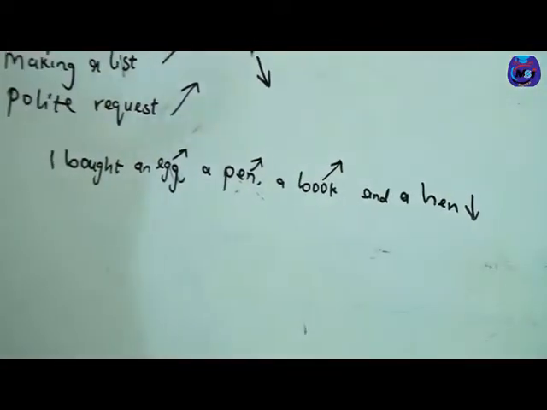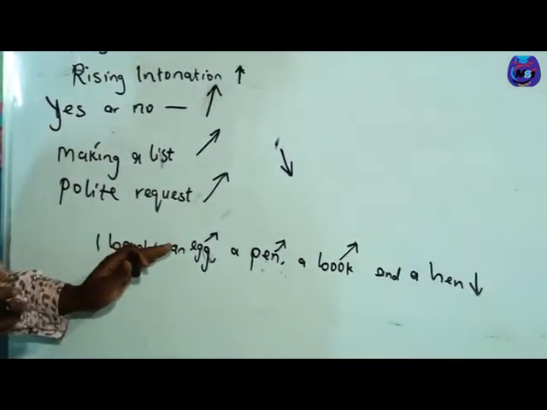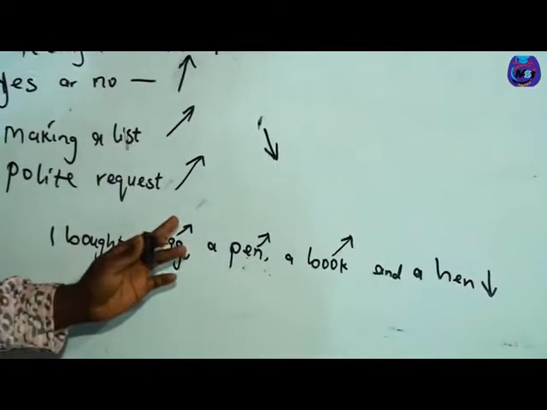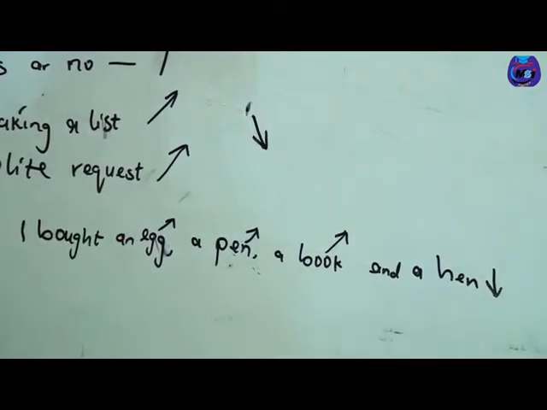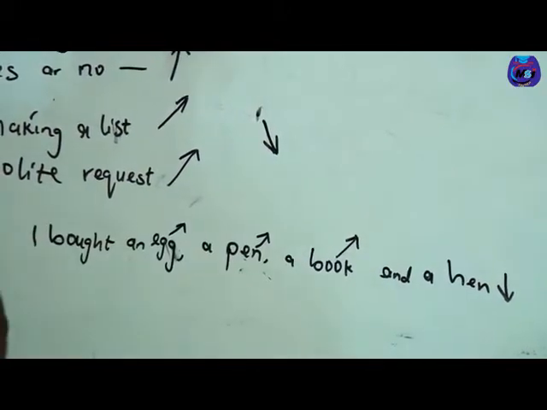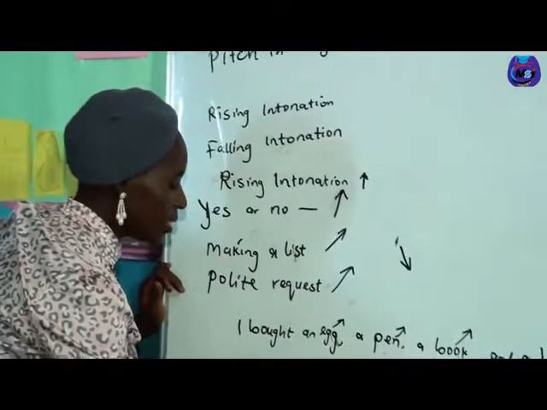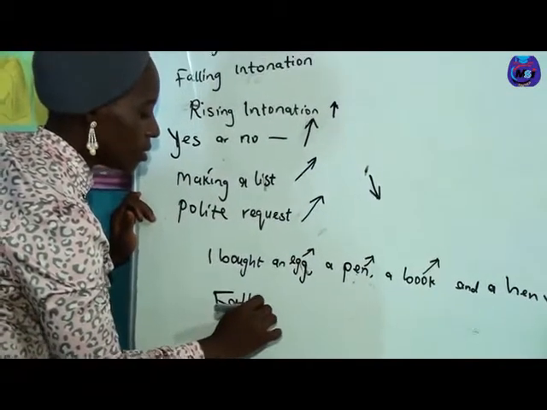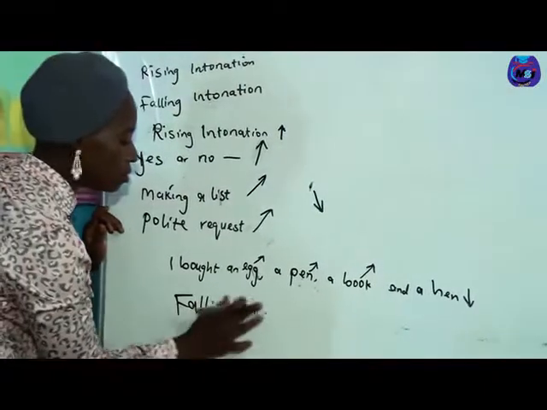Falling intonation. So I said, when you are making a list, the first part of the list has to be on a rising intonation, but the final item on the list must be on a falling intonation. Okay, so let's look at the falling intonation.